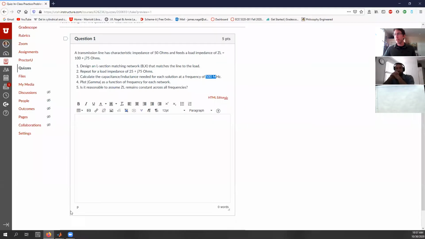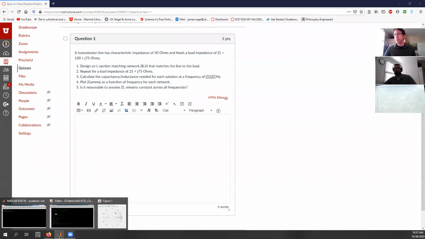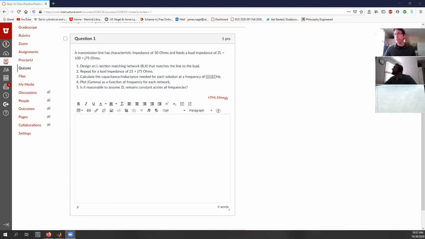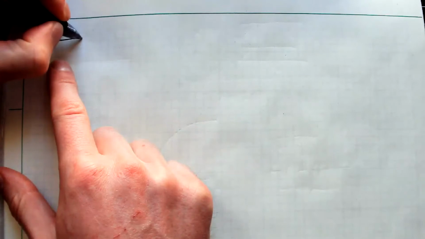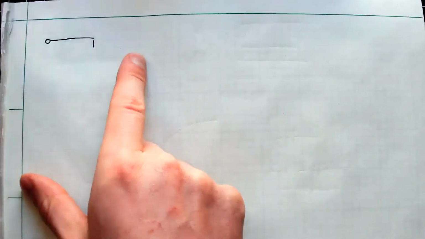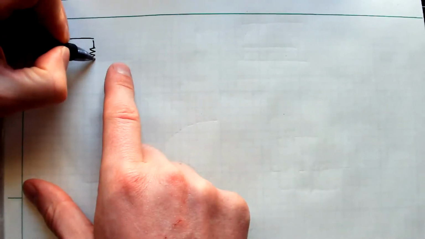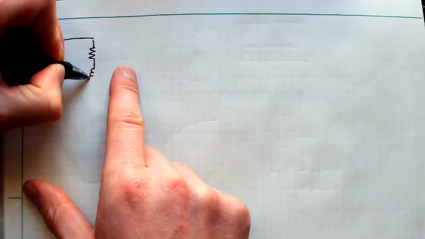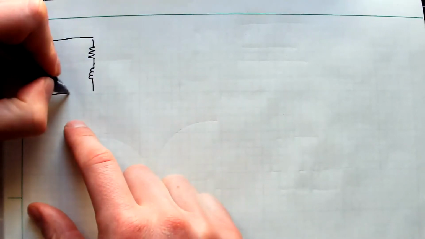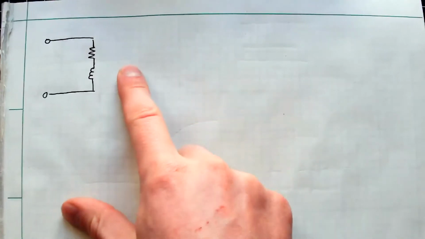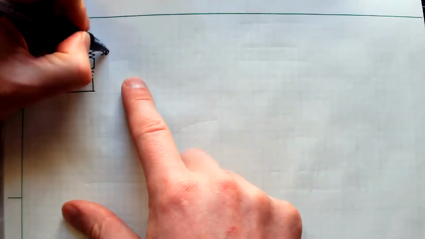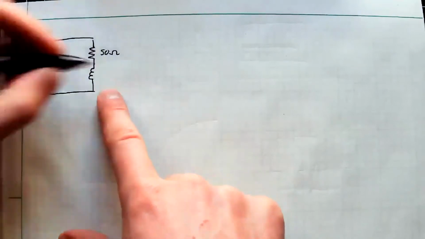I'm going to go back to my pencil and paper here. We'll stop sharing, and I'm looking at the overhead camera. A very simple case might look something like this. Here's my load, and just for kicks and giggles, suppose it's a resistor plus some inductor. This is the equivalent circuit. This was 50 ohms, and this inductor, whatever the inductance is, has a reactance of j75.